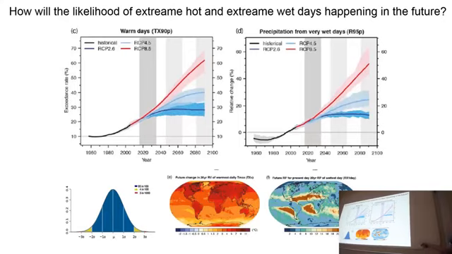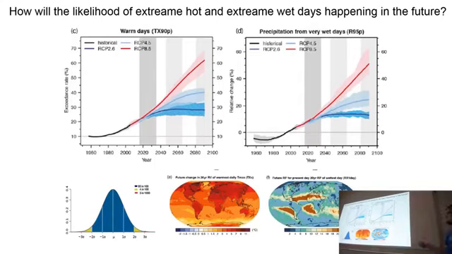So for every grid square on the Earth, for every amount of storminess, they've worked out the amount of rain you would need to get the strength of storm that could be described as the storm you would get every 20 years. And then they've seen how much that will change into the future.